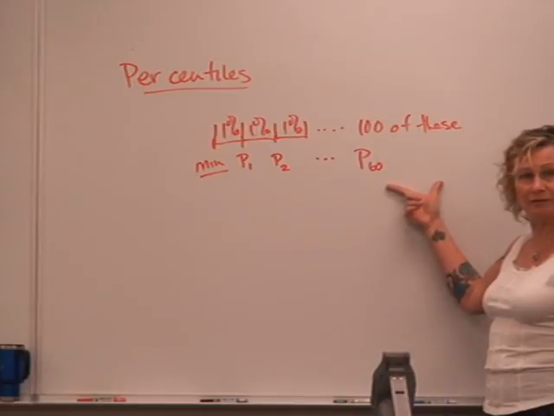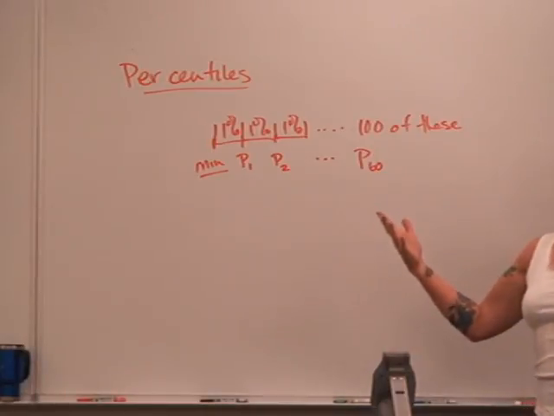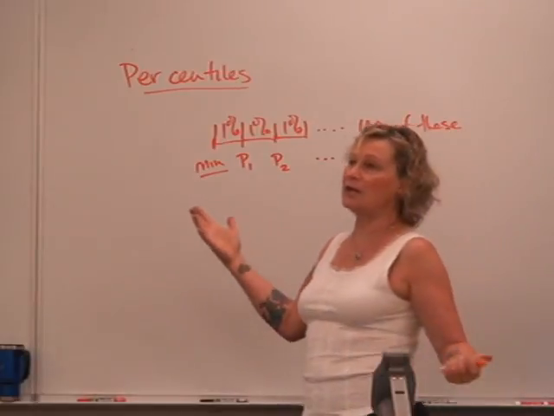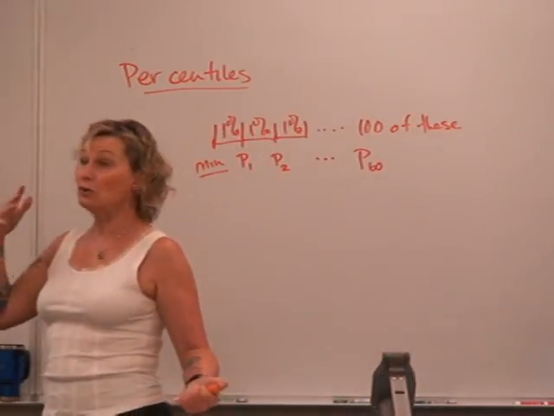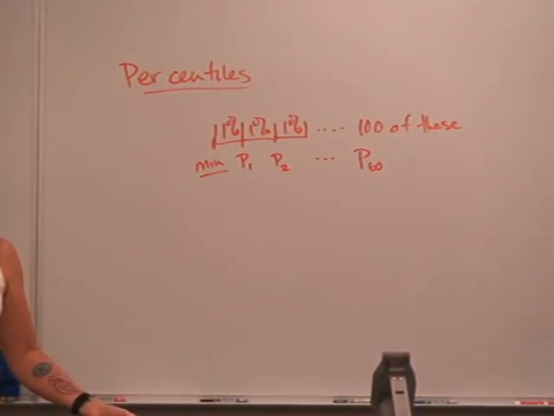Does that make sense? Okay, so those are percentiles. If you took a test and you scored in the 88th percentile, you know you scored at or better than 88% of the other people who took the test. 12% scored at or better than your score. That make sense? You guys with me?